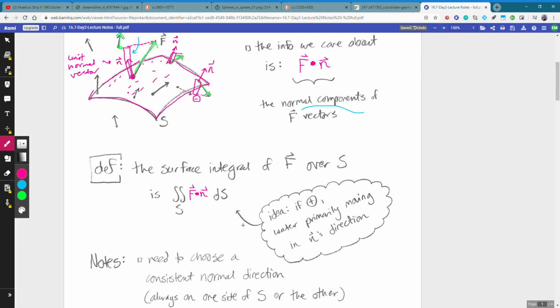And the idea here is that if at the end of the day the value we get from this integral is, say, positive, well, that would mean that we would have integrals primarily that look like this, where we have these positive components going the same direction as n, and we don't have as many negative components. And so physically that would be telling us that our water is mostly wanting to move in this direction of our normal vectors. And similarly, if it's negative, it'll be telling us it's primarily moving the opposite direction.